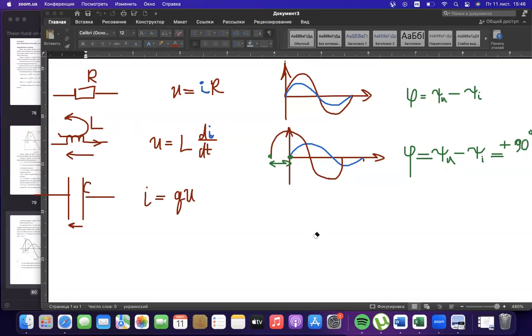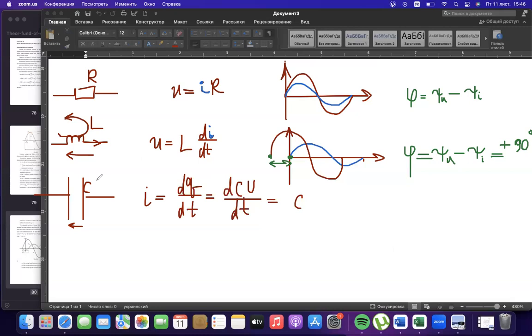Sorry, I speak about power. Current equals the derivative of charge per time, and the charge that is stored inside equals capacitance times voltage.